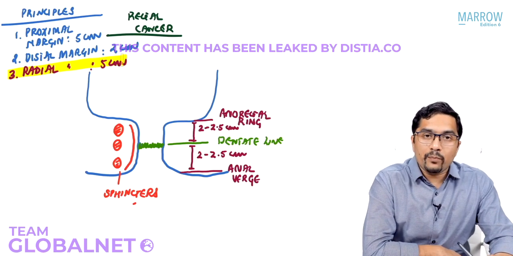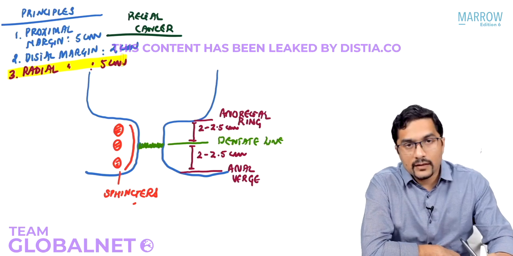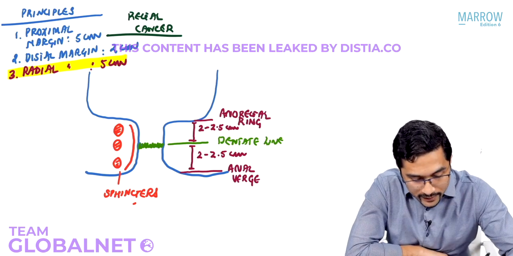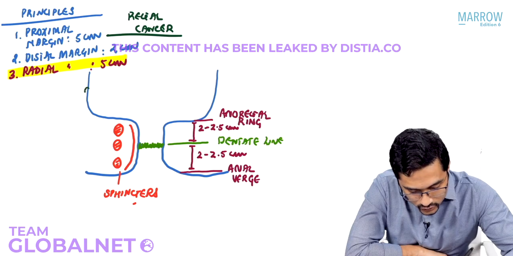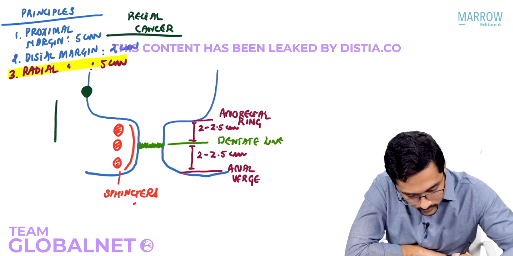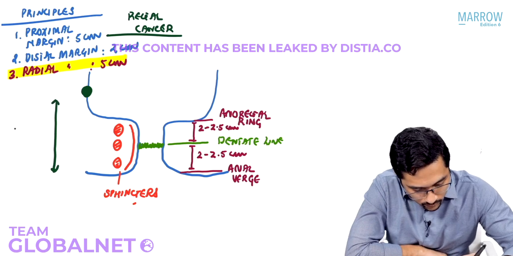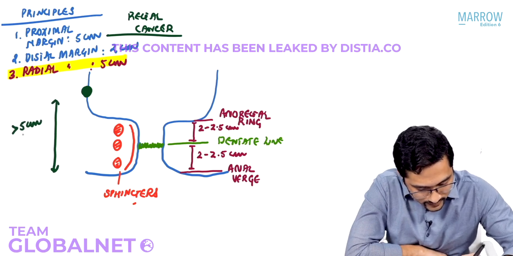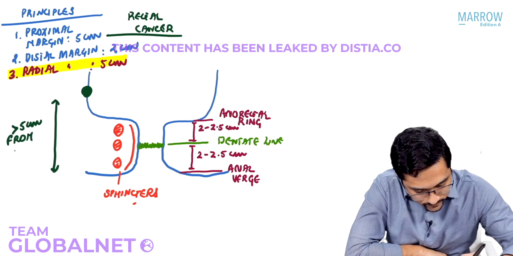So let's consider two possibilities now. Possibility number one is a patient who has a tumor more than 5 centimeters from the anal verge.